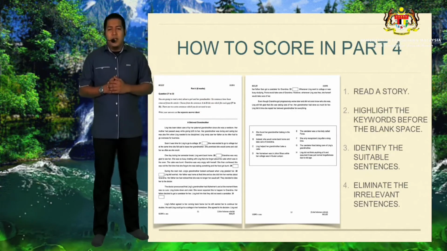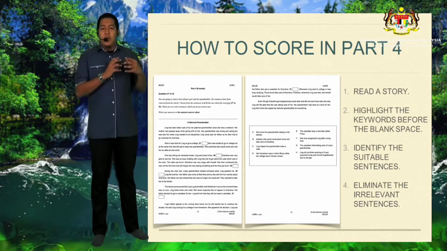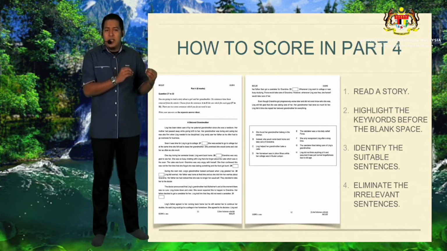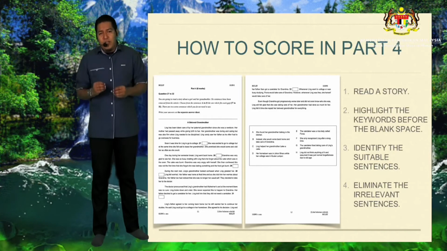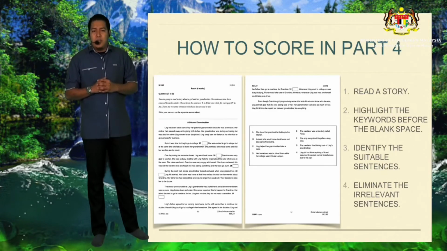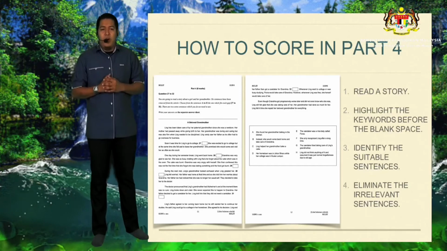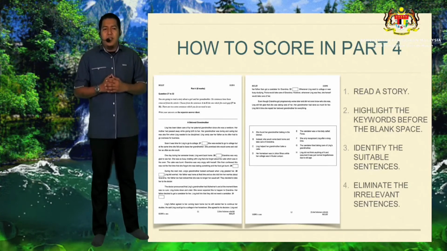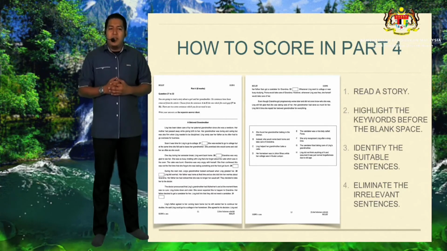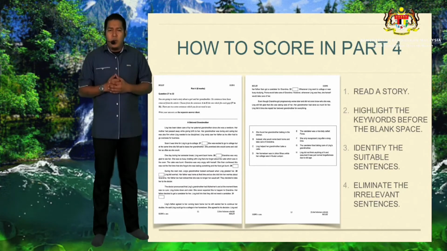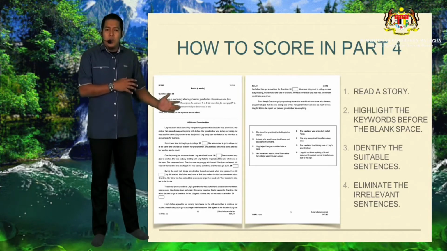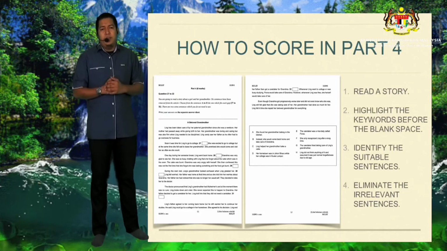Okay? So you know this is the most suitable answer to complete the story. And the last one, same as before, eliminate irrelevant sentences. If you don't eliminate irrelevant ones, you will get so confused because you don't know how to complete this story.